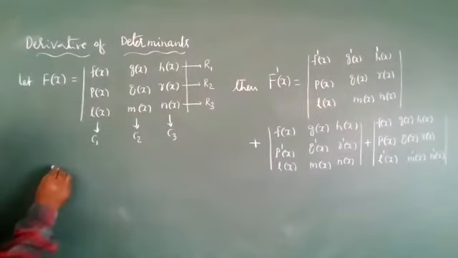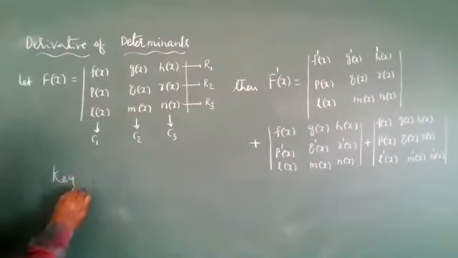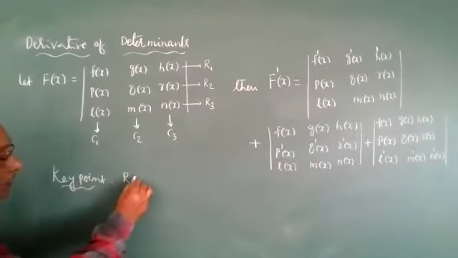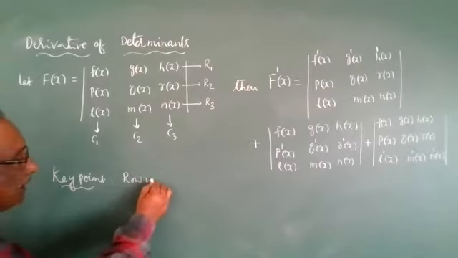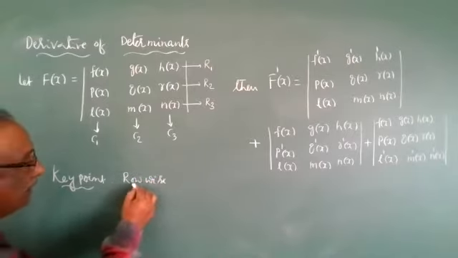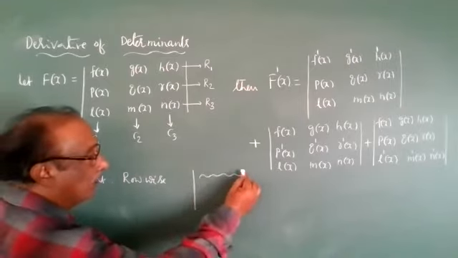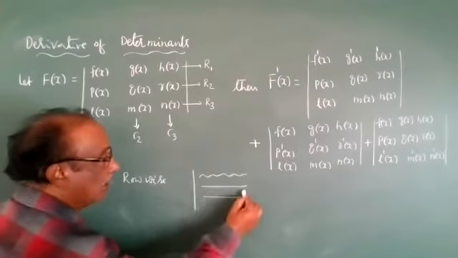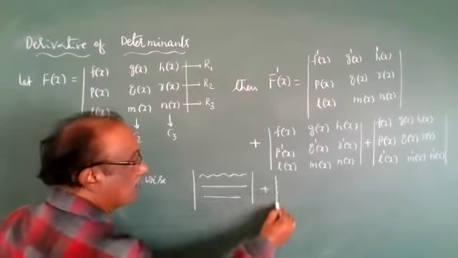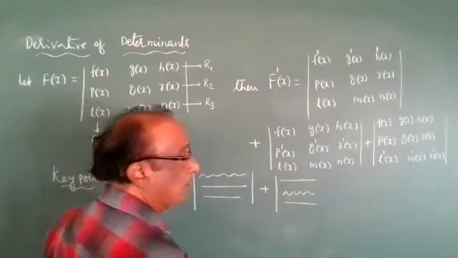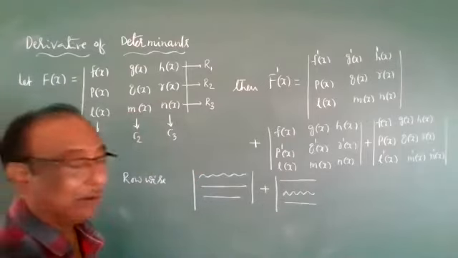I will write the key point. Row derivative means row wise derivative. Keep in our mind: first row derivative, second row same, third row same. Next, second row derivative, first and third rows same.